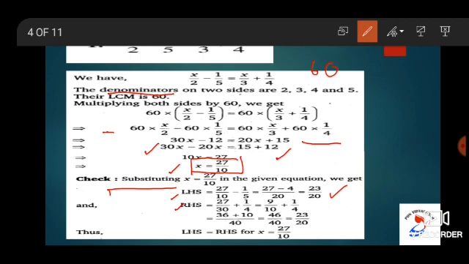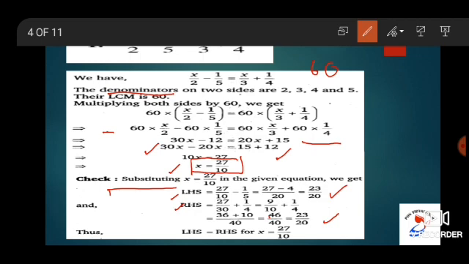The result is 19 by 10 plus 1 by 4. That is equal to, the LCM here is 40. So, it is 36 plus 10 by 40, which will give you the result as 46 by 40. On simplifying this, you will get the result as 23 by 20.